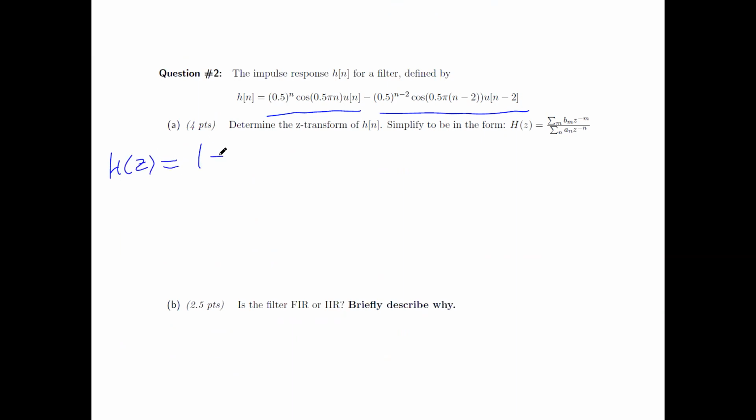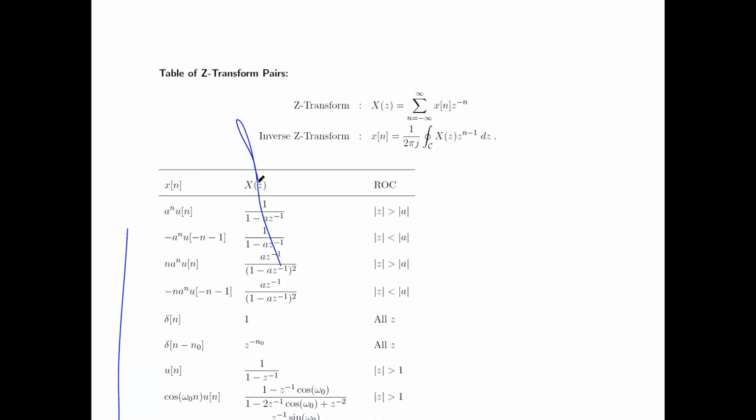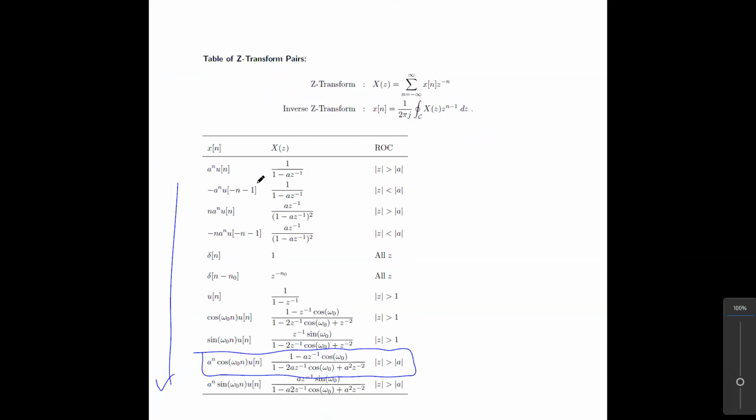It would be 1 minus, let's say your parameters are A equals 0.5 and omega naught equals pi over 2, or 0.5 pi.